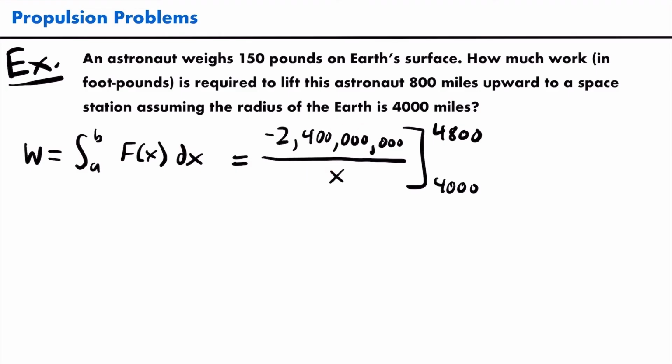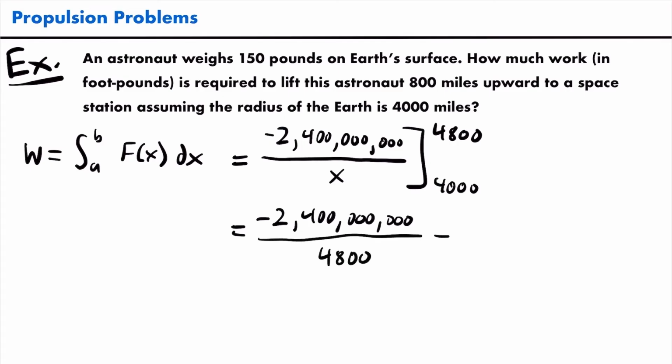Okay, and so I'm going to clean up my work a little bit again, and now we can evaluate this expression at 4,800 and then subtract the evaluation at 4,000. So this will be equal to negative 2.4 billion divided by 4,800 minus negative 2.4 billion divided by 4,000. All right, now these two negatives will cancel out to become positive, so we're going to have plus that fraction, so I'll write plus.